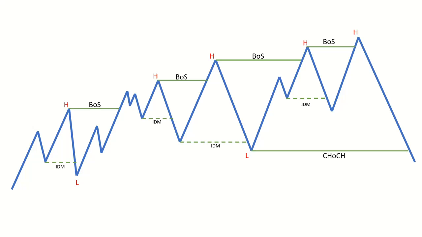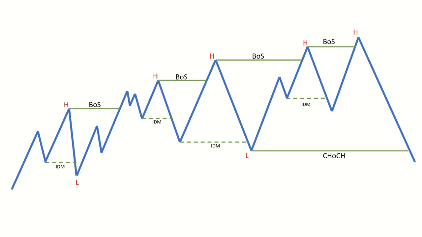So for break of structure, as stated, it is a new market structure that emerges after taking out inducement. Now, it's crucial to note that if no inducement has been taken out and a new structure forms, it doesn't qualify to be a valid break of structure.